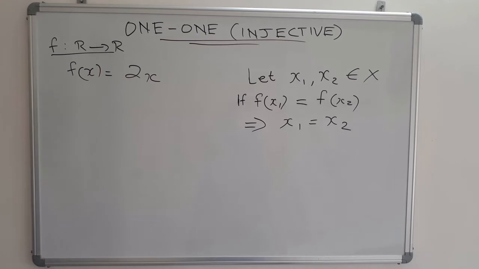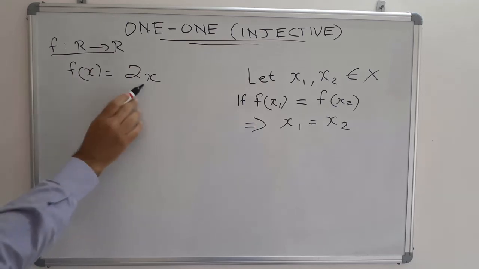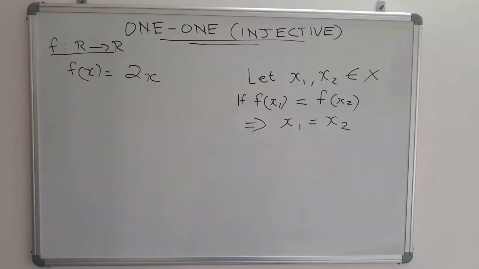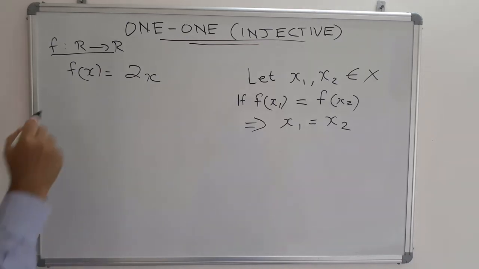This function is from the set of real numbers to the set of real numbers. So when we prove such questions, we should be clear about what the domain and codomain of this function are. Both are real numbers, and this is the function definition, f of x equal to 2x. So what is f of x1 equal to f of x2?